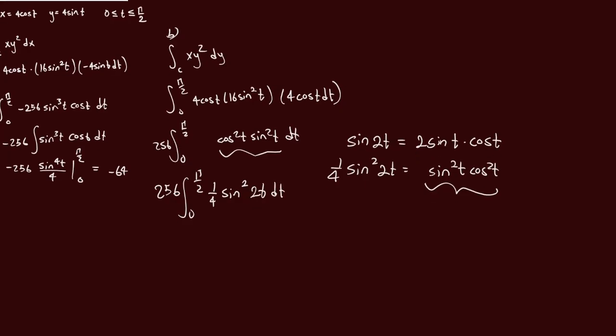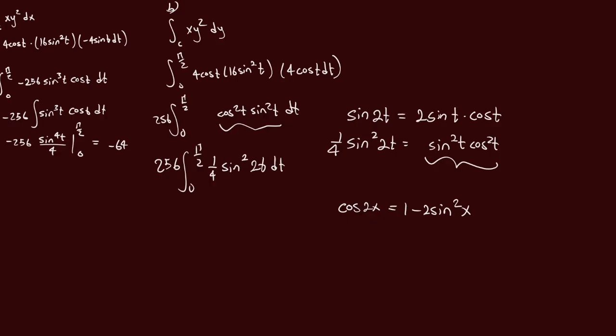Okay, and now we still have to integrate this. So recall the next one: cos 2t is equal to 1 minus 2 sin squared t. I'm going to actually just call it x. Cos 2x is equal to 1 minus 2 sin squared x. Let's rearrange.